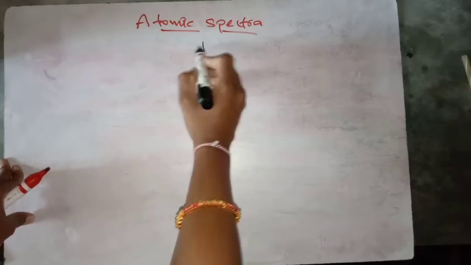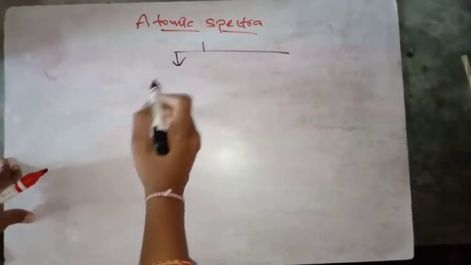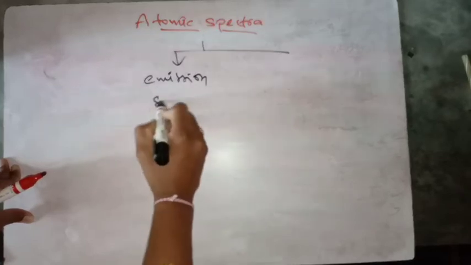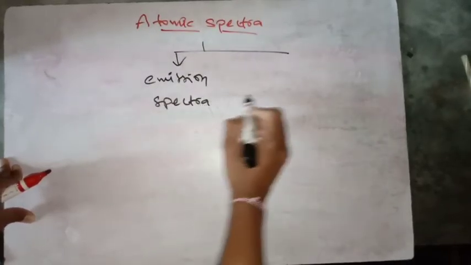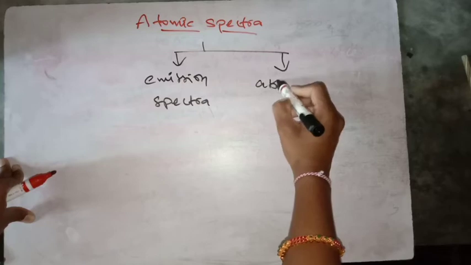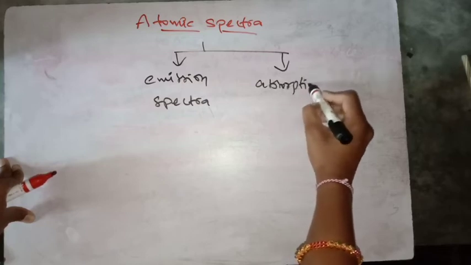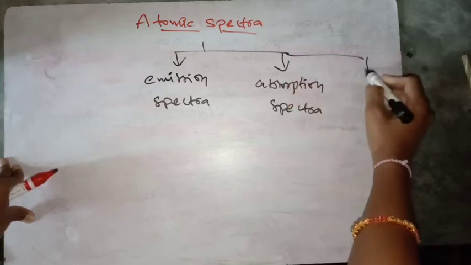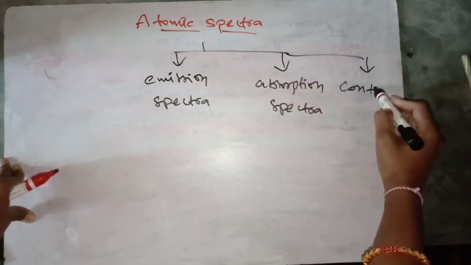And this atomic spectra is of three types: one is emission spectra, absorption spectra, and continuous spectra.